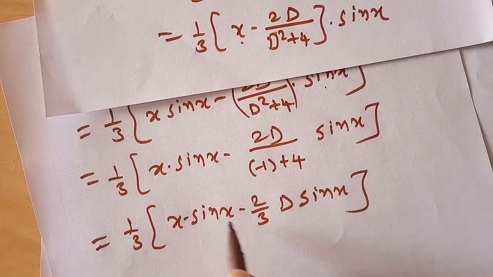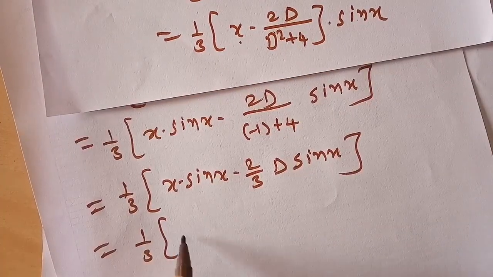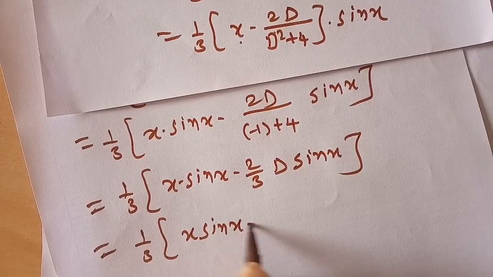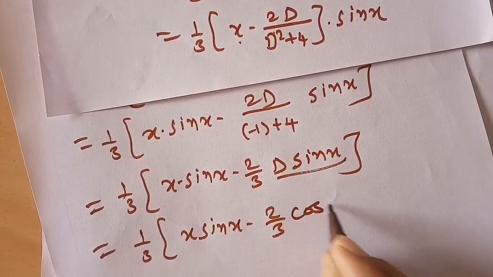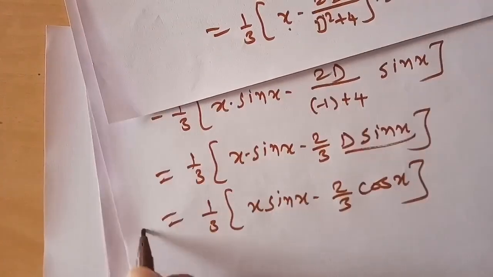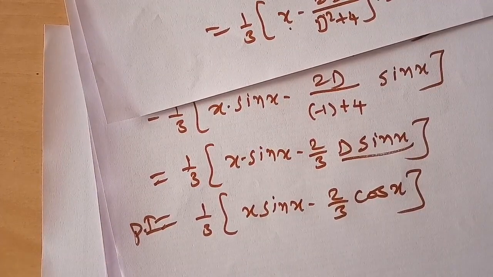I am taking minus 2 divided by 3 here. This is 1 by 3 into x sin x minus 2 divided by 3, and the derivative of this term is cos x. And this is your PI if our function is x sin x.